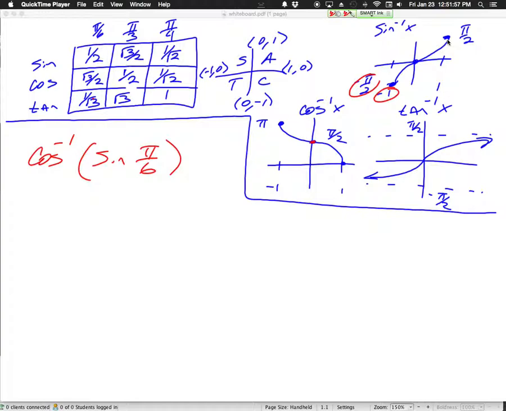I've got a regular trig function on the inside, so I need my reference angle and the quadrant. So I go to sine, I go to pi over 6, which gives me 1/2. What quadrant is pi over 6 in? It's in the first quadrant, so we know it's going to stay positive. So now I'm looking for inverse cosine of 1/2. I go to cosine, there's 1/2, which gives me pi over 3.